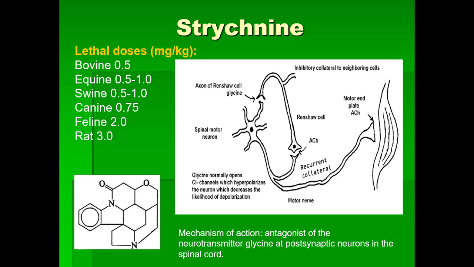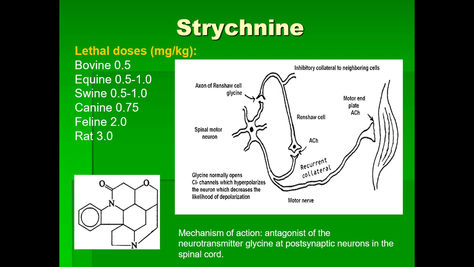Now, with regards to the mechanism of action, it works as an antagonist of the neurotransmitter glycine at the postsynaptic neurons in the spinal cord. This results in unchecked reflex stimulation with predominance of the more powerful extensor muscles, which causes rigidity.